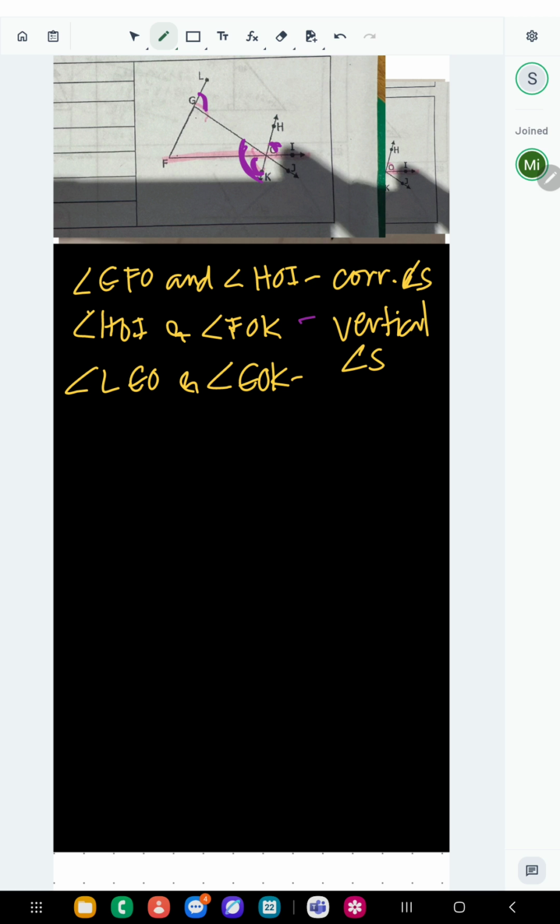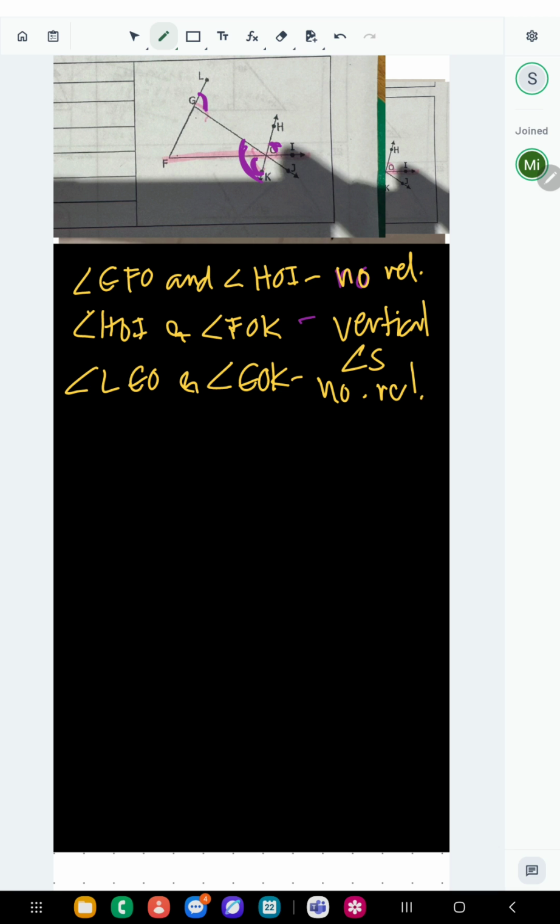LGO and GOK. You can answer with no relations. Then the first one, they're not corresponding angles. Then we can answer no relation. So the first one, because line HK is not a straight line. So this one, no relationship.